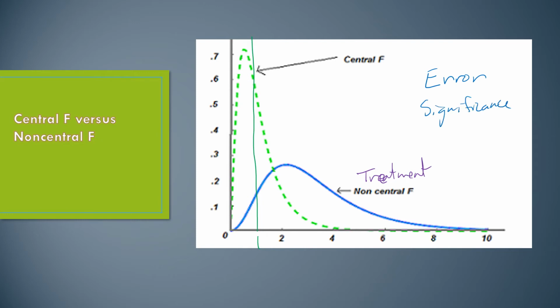And so if we know that the top 5% of the central F is where we will have statistical significance, then we extend that into our non-central F distribution, and we can establish what F values we need to obtain to have a statistically significant difference between the groups.